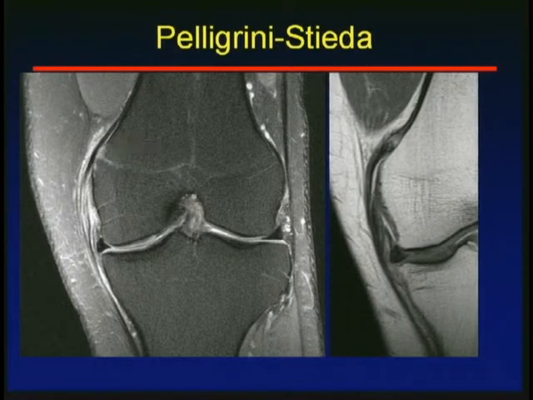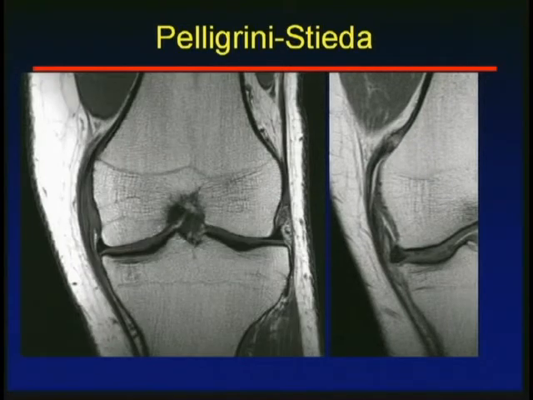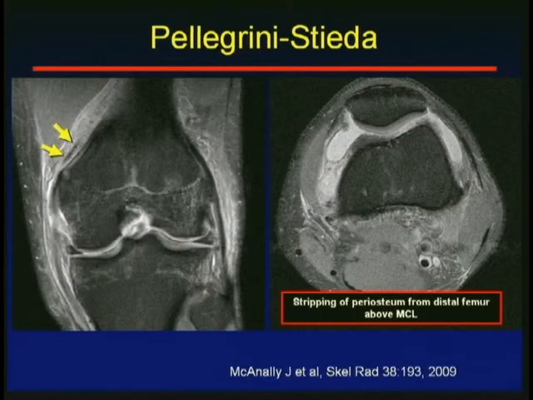So there is continuity between the medial collateral ligament and this distal femoral periosteal envelope. You'll often see edema tracking along the distal femur above where you would expect the medial collateral to run, and here we can see that the injury is propagated, and we have this Pellegrini-Stieda formation taking place in the distal femoral tissues, and this periosteal peeling was well described by James McNally a few years ago in Skeletal Radiology.